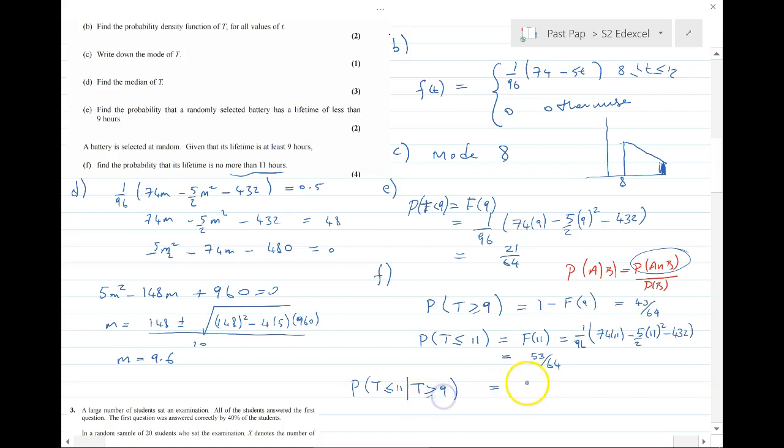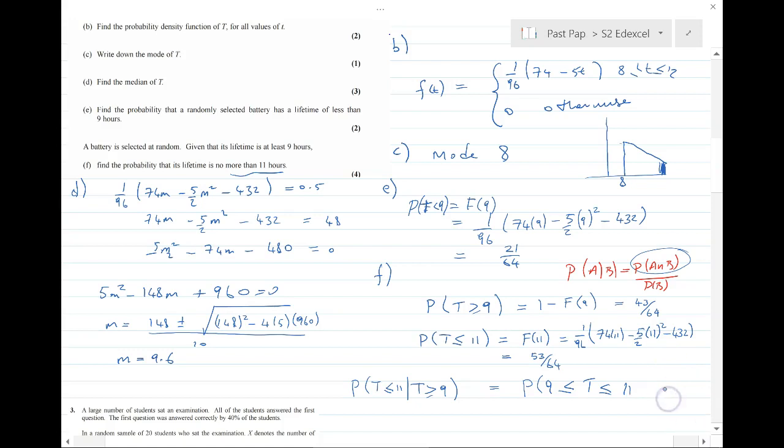So we need to work out the probability that both of these are the case: t is less than 11 and t is greater than or equal to 9. However, thinking about it, the intersection of these two events is that it's between 9 and 11. So I'll write it like that, just interpreting this rule here. So that's t between 9 and 11.